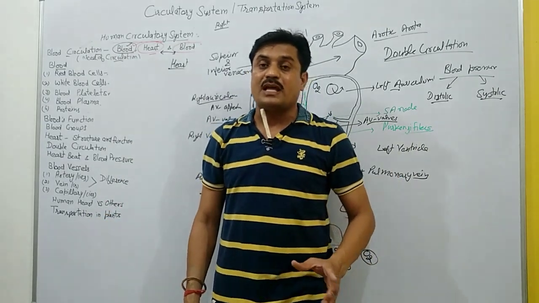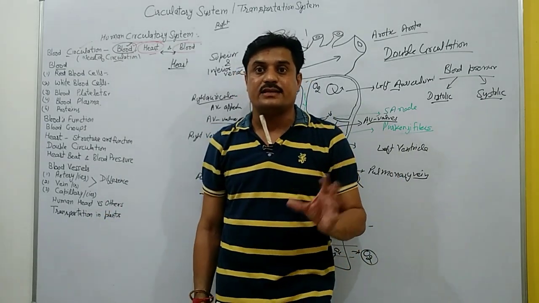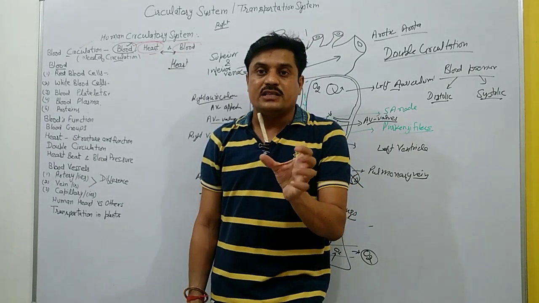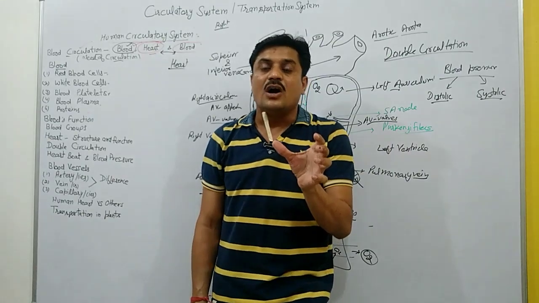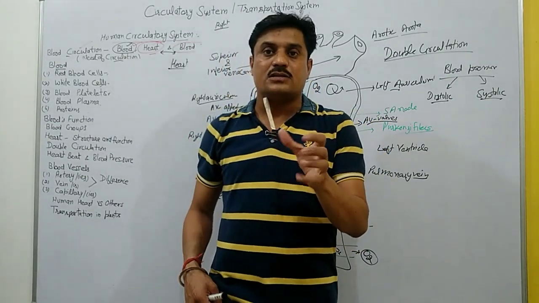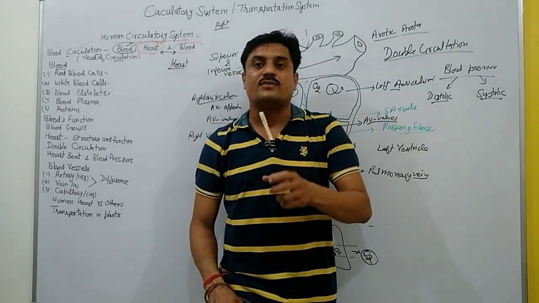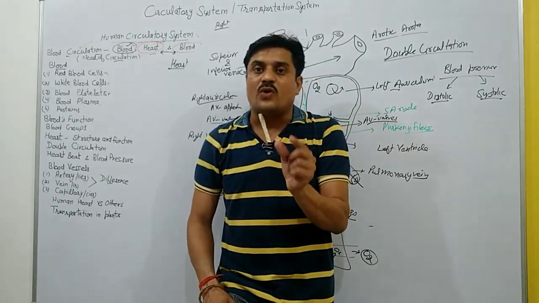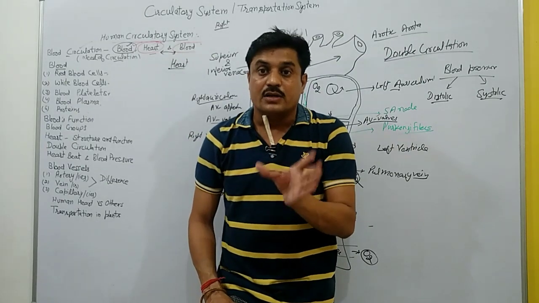So to ensure the supply without any hindrance, it needs to create more pressure. This is why the muscles of the ventricles are much stronger than the cardiac muscles of the auricular part, and this is why the walls of the ventricle are so thick.